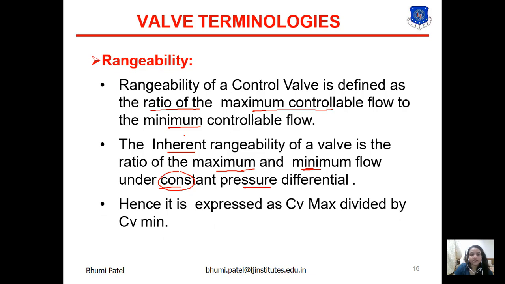Now it is expressed as CV maximum divided by CV minimum. So the equation for rangeability is: rangeability equals CV maximum controllable flow to the minimum controllable flow.